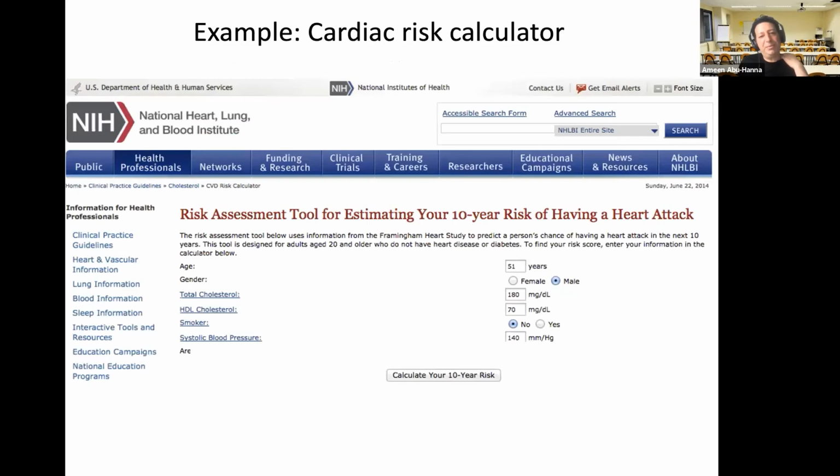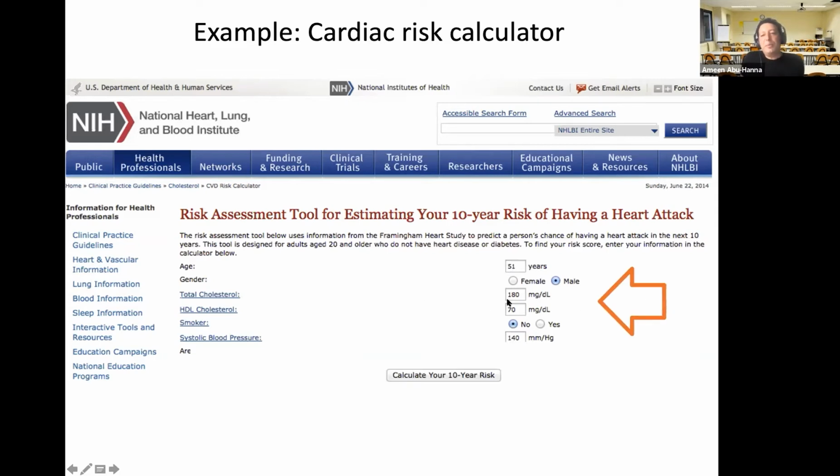An example: I'm sure you all have an idea what a prediction model looks like, but there are a lot of risk calculators, for example, on the internet. This is a tool that estimates my risk for 10 years from now to have a heart attack. These are fictitious numbers. I'm older than this now.